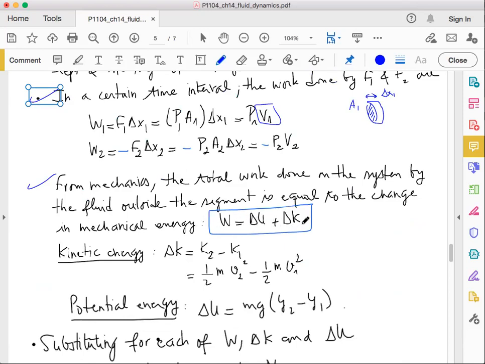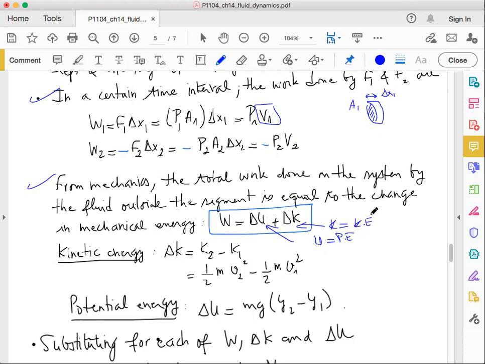In mechanical energy, we are dealing with two quantities basically. The first one is the kinetic energy, so by K we mean the kinetic energy, and by U we mean the potential energy. Both kinetic and potential energy represent the mechanical energy. So let's have a look between point 1 and point 2.